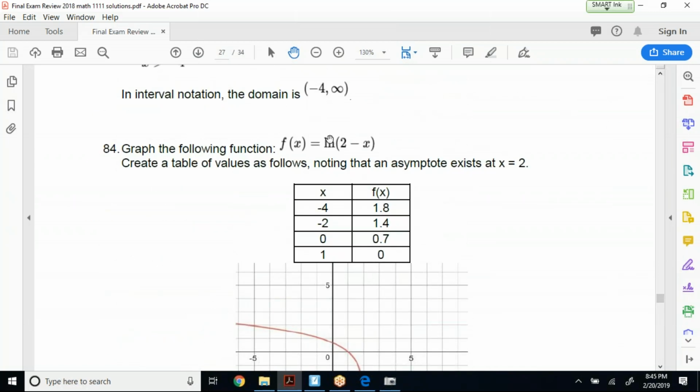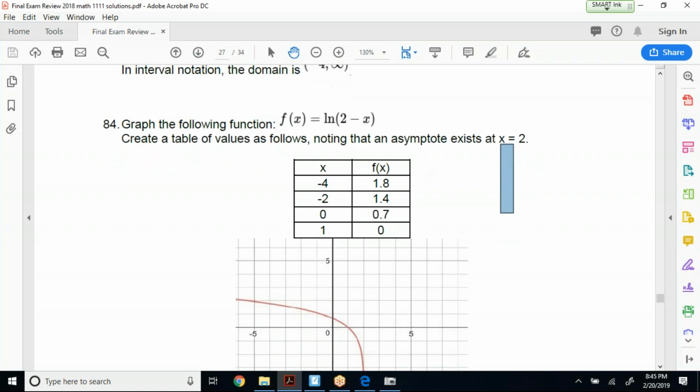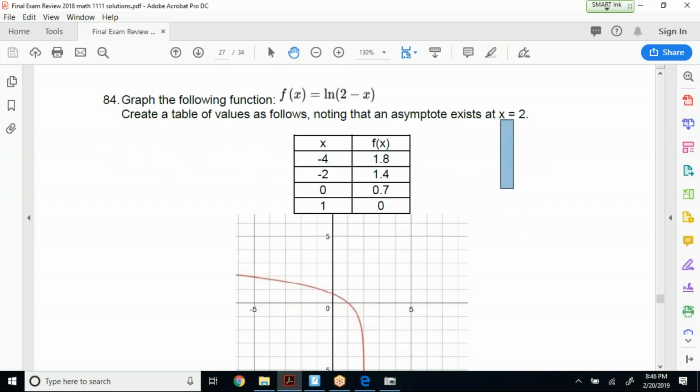You're just going to pick your x values and look at what the y value is, so that you can pick the graph that gives you that.